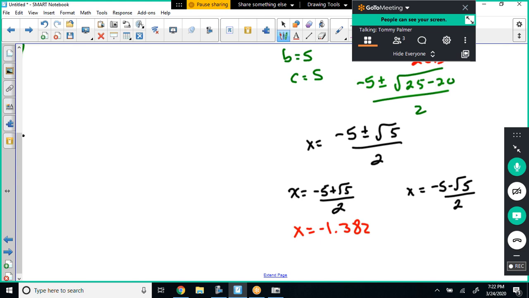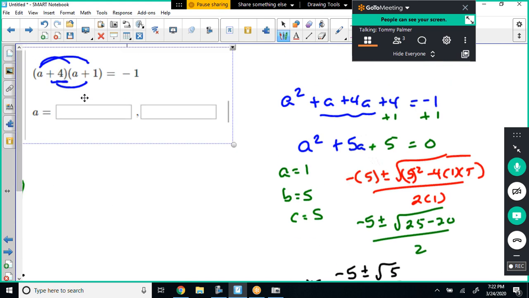And then if I do -5 minus the square root of 5, enter, divided by 2, I get x is -3.618, right? Now, that's what I got. And those are answers, right? So I could put those in right here.